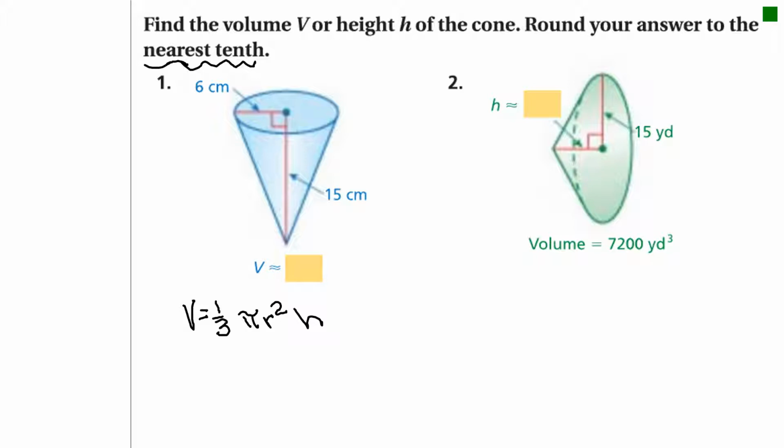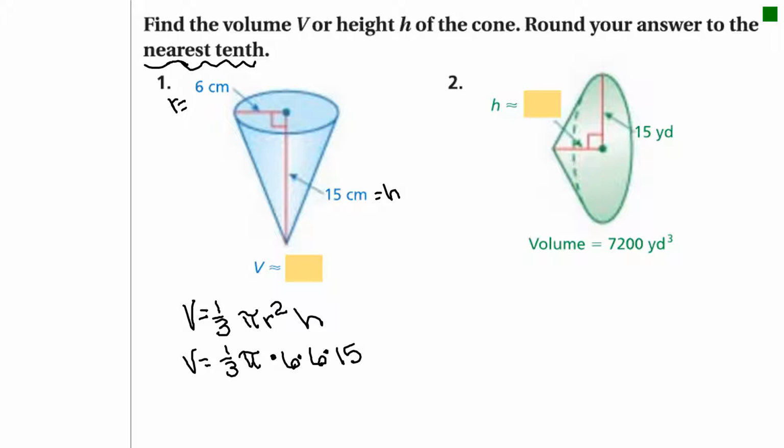Now I'm going to fill in what you know. We know that r is 6, we know that h is 15, and we don't know the volume, so I'm going to leave the volume as V. So V equals 1/3 pi times the radius, 6, times 6, that's the squared, times 15.